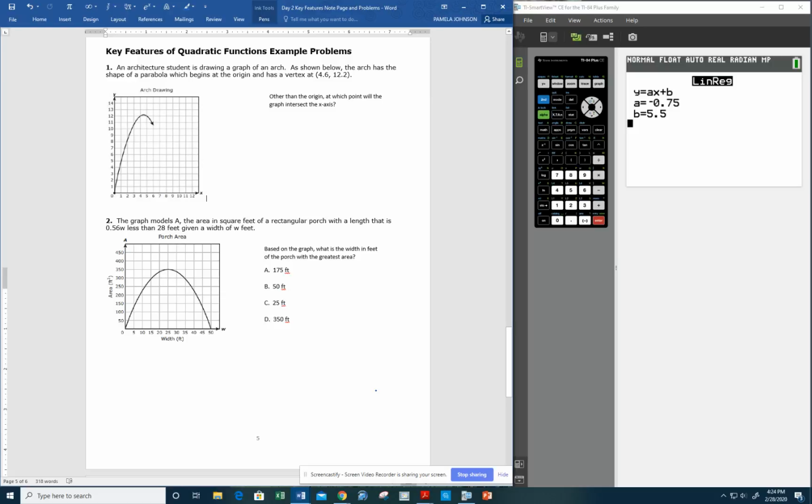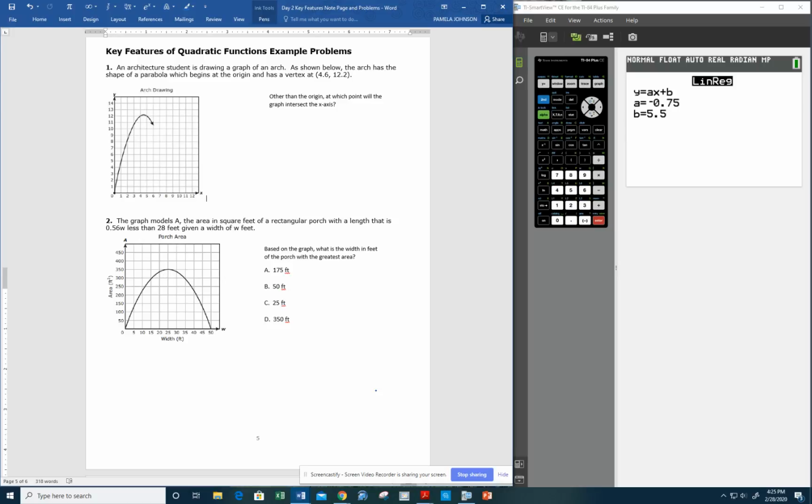When we ask about quadratic key features, okay, the first question, and there is a typo on this question, just block out the answer choices because the answer choices don't really go with the question.